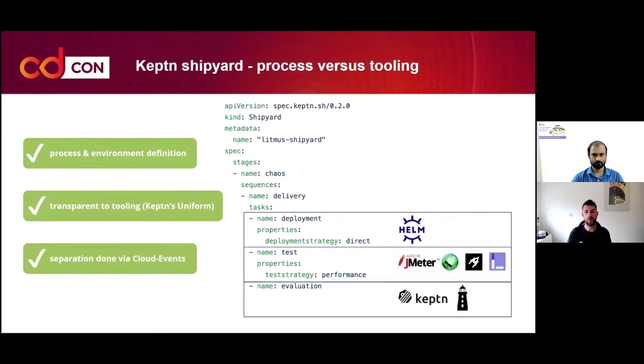And then we have the Keptn quality gates that are doing the evaluation part, and they are based on service level objectives. So I've only showed you now 3 parts of this delivery sequence. There might be more tasks. These are customizable, these are user defined, but for today's topic, these 3 are the main ones that we are going to use.